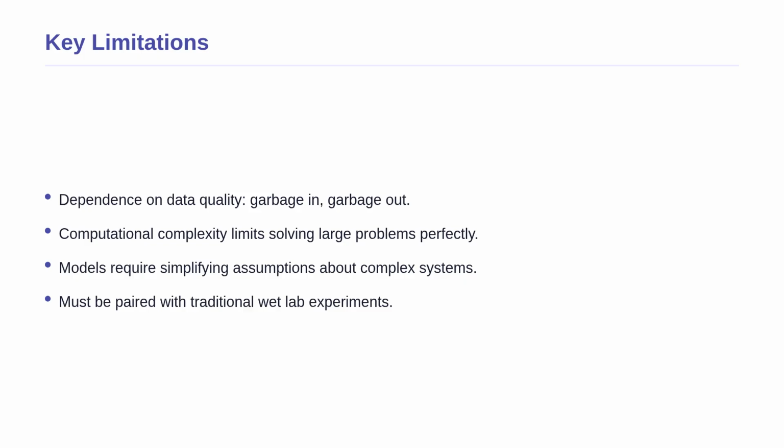Predicting how a large protein folds requires so much computing power that even supercomputers struggle. Finally, bioinformatics models often have to make simplifying assumptions, meaning they cannot capture every single interaction happening inside a messy, living cell. Therefore, bioinformatics must always be paired with traditional wet lab experiments to verify computational predictions.